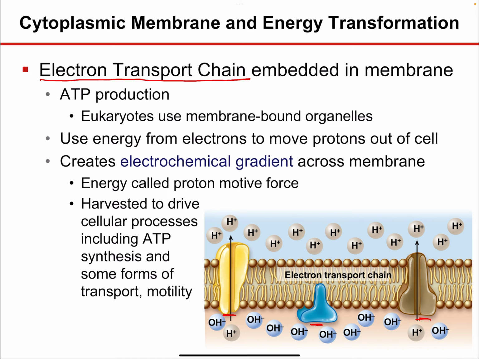It's going to be the machinery that is actually going to play a central role in ATP production in many bacteria. Not only in many bacteria, but the electron transport chain is also going to play a very important role in eukaryotes. But let's put the eukaryotes aside, right?